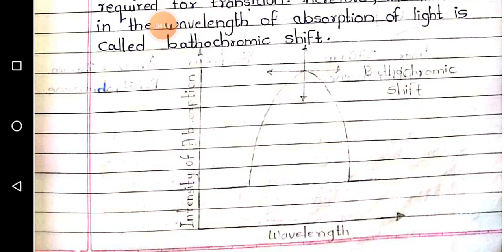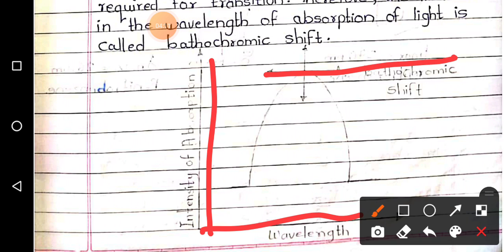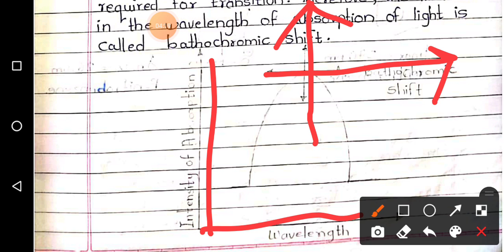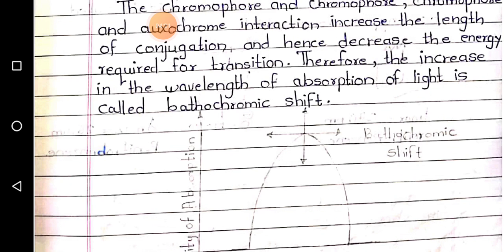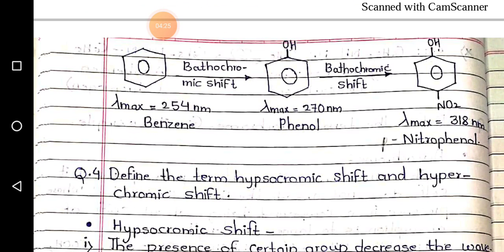It is indicating here that this is the wavelength, this is the intensity, and the intensity is also increasing in this way. Both increase, the shifts, the absorption wavelength increases.